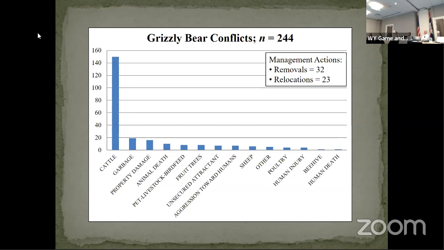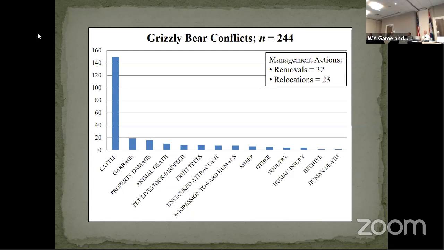That's a function of, frankly, we caught a lot of bears outside the DMA, outside of suitable habitat, and again, just no suitable relocation sites for those bears, or a lot of the bears that we caught were repeat offenders. So they were removed. We had a high number of removals this year. We had 32 bears that we removed from the ecosystem as a result of those conflicts.